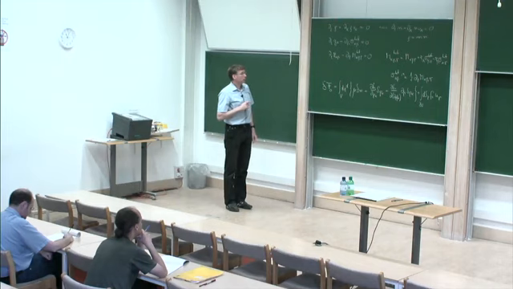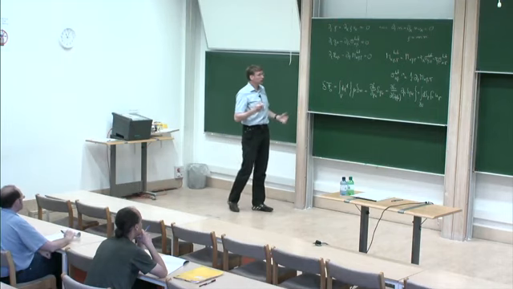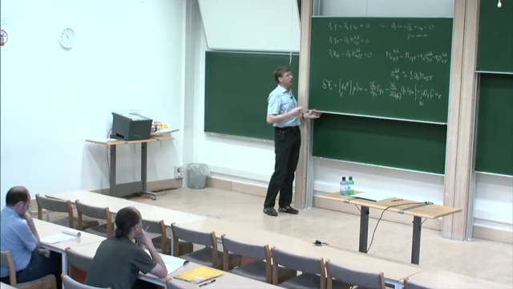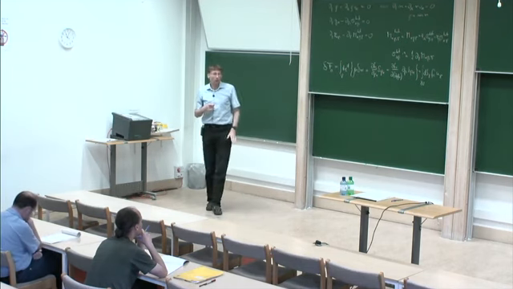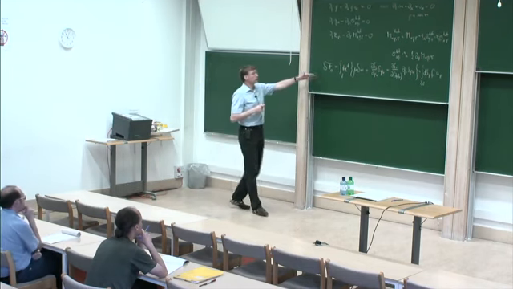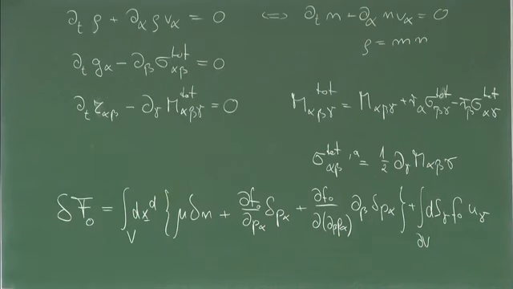And then we went on to look at the static situation, hydrostatics, and wrote down the variation of the energy. This is done only in order to get some useful relations that we are going to use later when we talk about non-equilibrium.